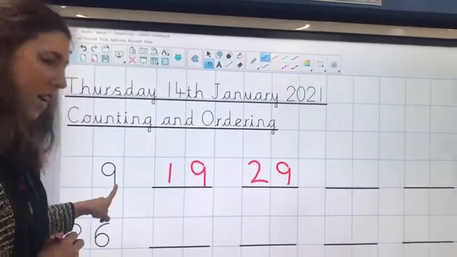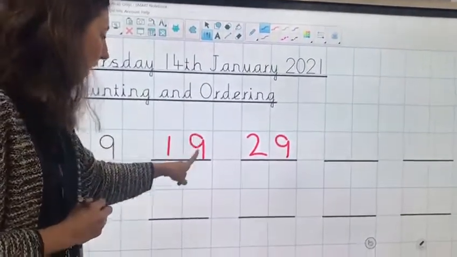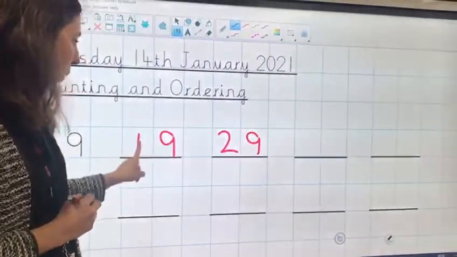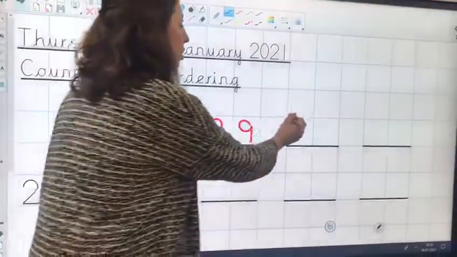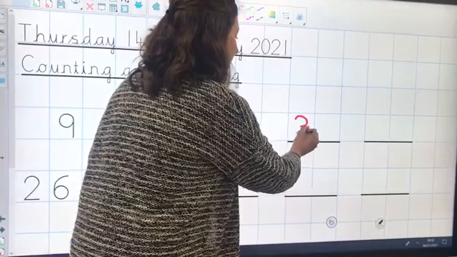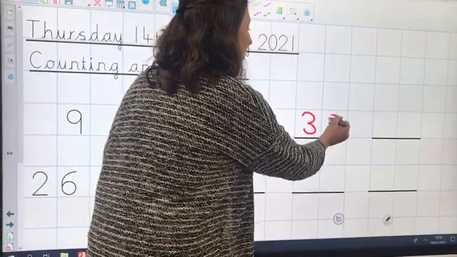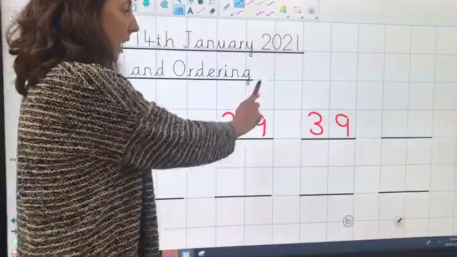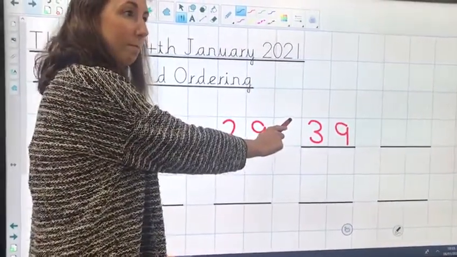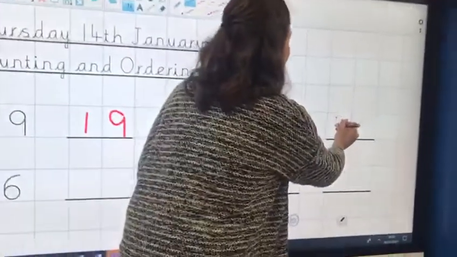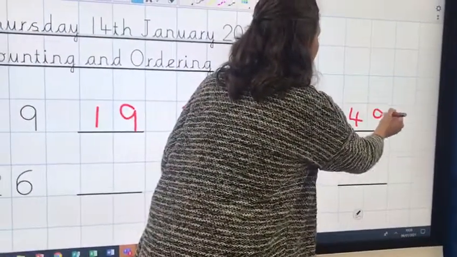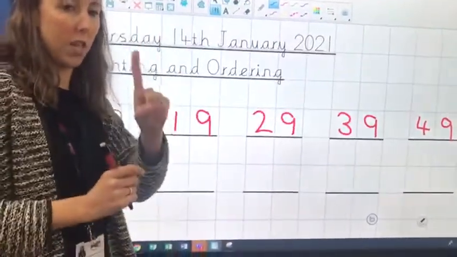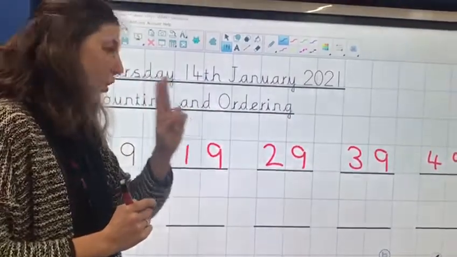So I've got 9, then I've got 19, then 29, 1 ten, 2 tens, 3 tens, and the ones are going to be the same. 9, 19, 29, 39, 49. Okay, so remember when you're counting in tens, you've always got the same number of ones. The tens change, the ones stay the same.